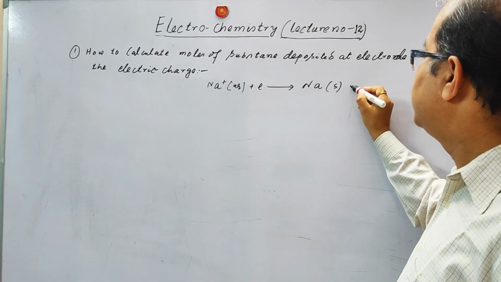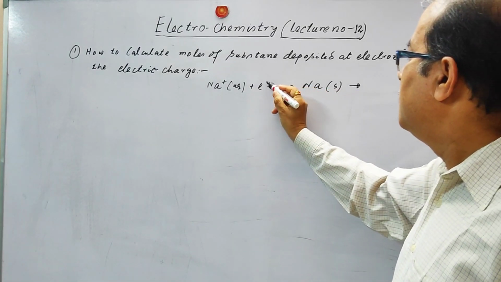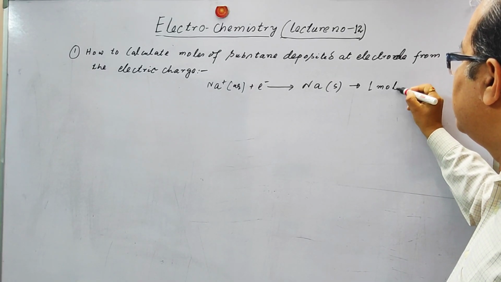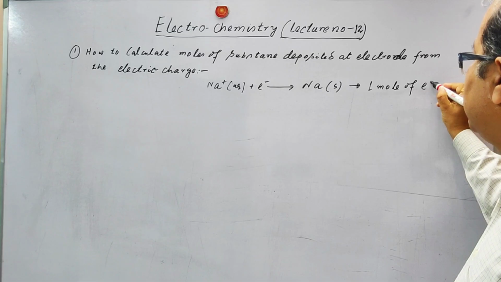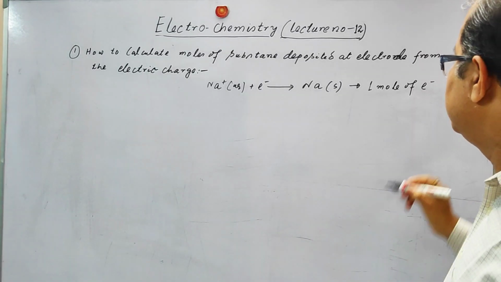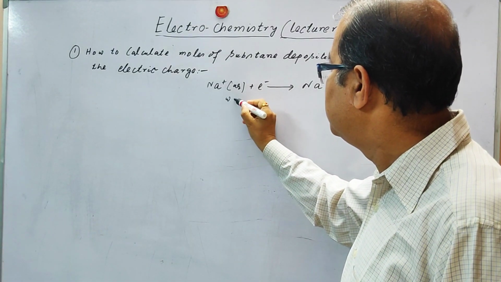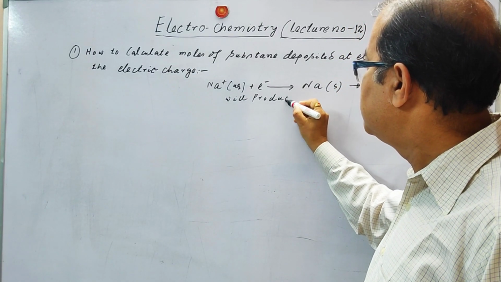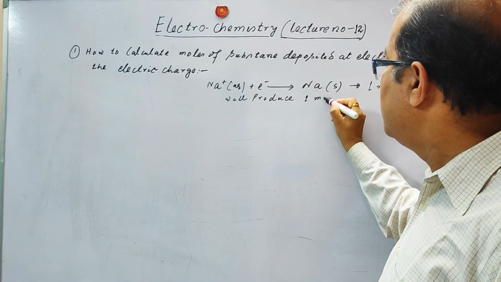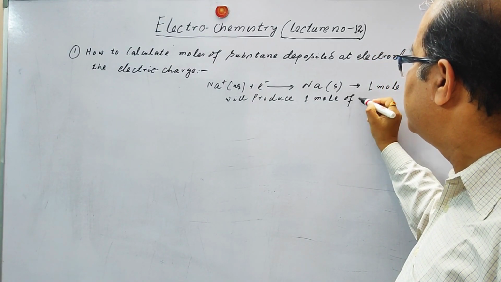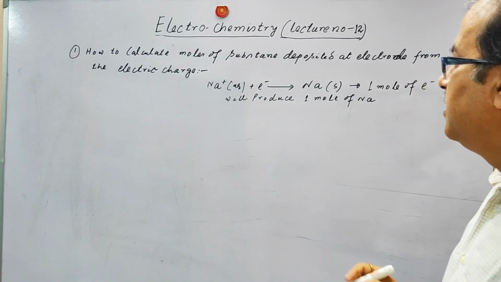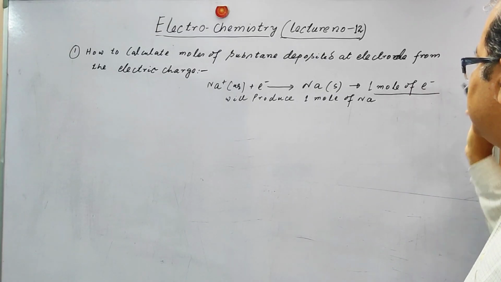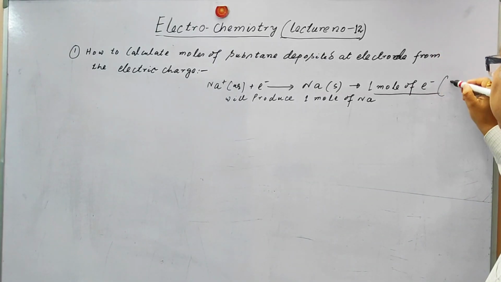Here you can easily understand that 1 mole of electrons will produce 1 mole of sodium. 1 mole of electrons means 1 Faraday.